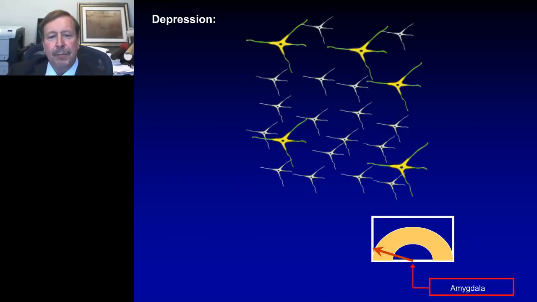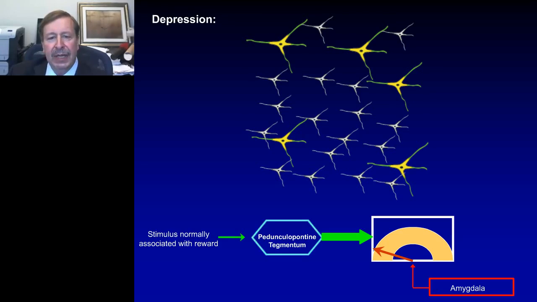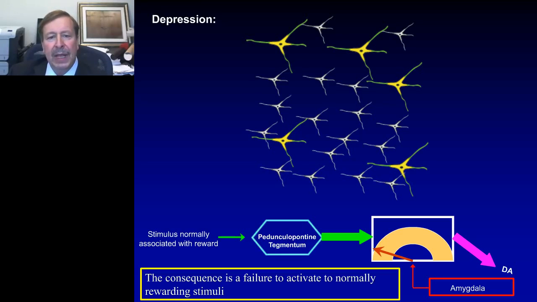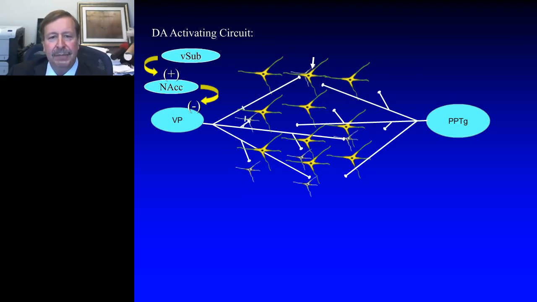So in depression, what we have is an amygdala downregulation of the dopaminergic system, a big decrease in the number of neurons firing, so that a stimulus that's normally associated with a reward will cause a much smaller dopamine activation. The consequence is a failure to activate the dopamine system to normally rewarding stimuli.